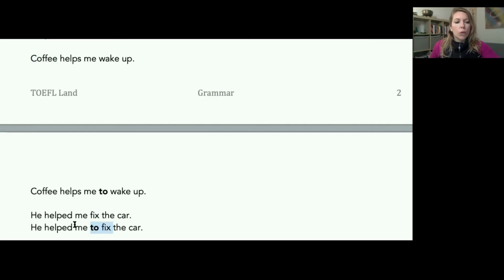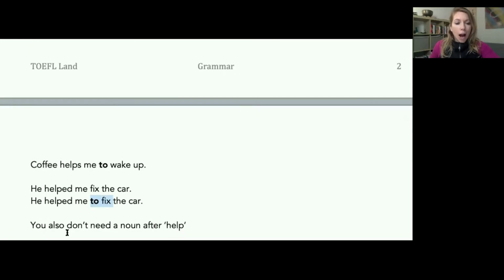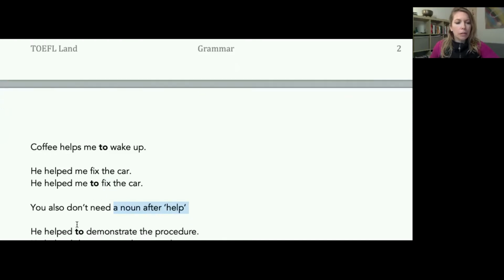So this is obviously not the only way you can use help. You can not have a noun after help. We could get rid of the me or people or whoever this is that he's helping. He helped to demonstrate the procedure.